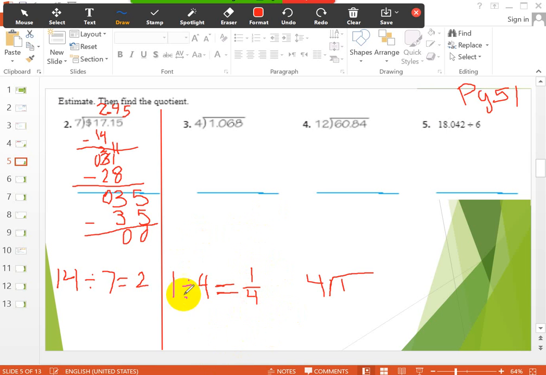It will help you to estimate the answer. You know this fraction is equal to what? You took it before, right? 1 over 4 is 0.25, right? Or you can find the answer by using the ladder right here.